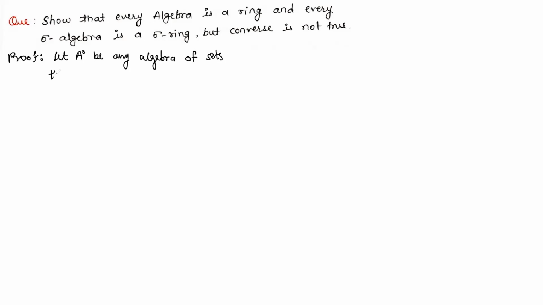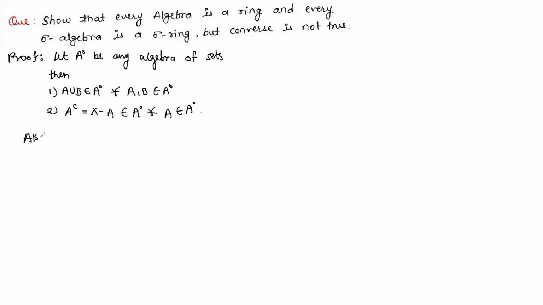Then by the definition of algebra we have two conditions, that is, A union B belongs to the algebra for A and B belonging to this algebra, and the second condition is that the complement of this set A, which is equal to X minus A, belongs to the algebra for A belonging to the algebra.